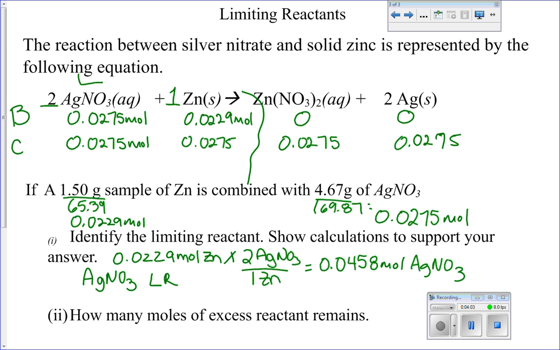And so what proportion? Well, it's all based on this 2 up here around the AgNO3. So I'm going to divide all the coefficients by 2, and that's going to tell me the proportion. So then when I work these out, I know that this obviously is just 0.